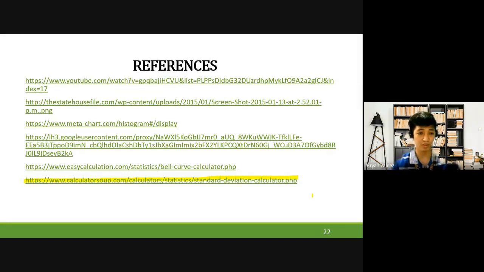So bakit po kayo pinapagamit ng calculator sa statistics? Kasi kailangan natin maging eksakto, no? Eksakto sa sinosolve natin. Kasi once na magkamali tayo ng isang value, is automatic, mali na lahat ng ating data. So mali din yung mag-represent natin na graph.